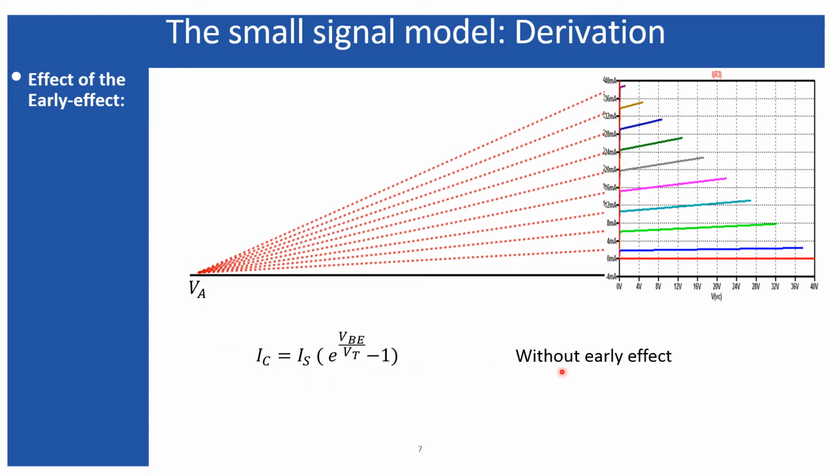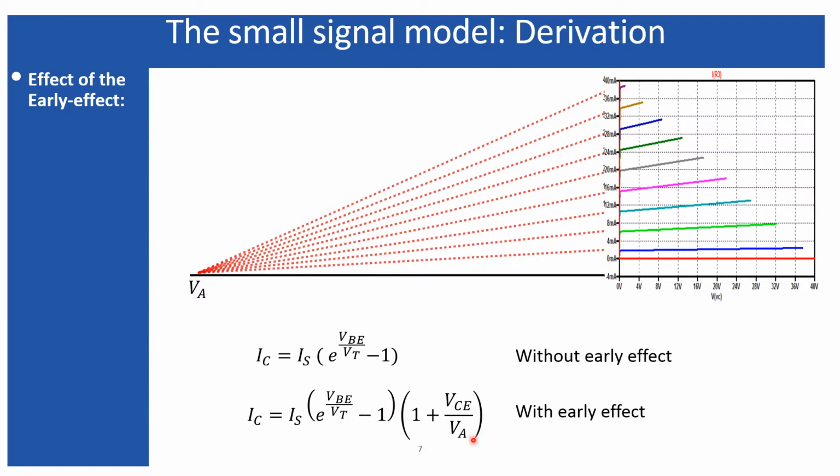The equations without the early effect give the dependency of this collector current on this VB based on these simple equations. Generally the minus 1 term is neglected, because VB is operated at a larger voltage, so we can approximate that this e to the power factor is very much greater than this minus 1 factor.